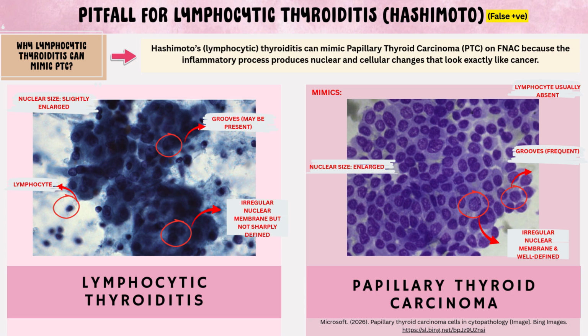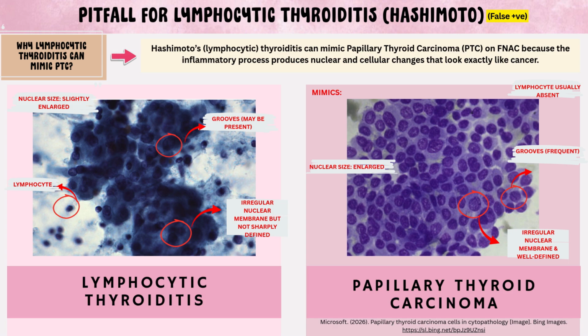On the left side, we can see features of lymphocytic thyroiditis. The nuclei are slightly enlarged and nuclear grooves may be present, but the nuclear membrane is irregular and not sharply defined. Importantly, we can also see lymphocytes in the background and infiltrating the follicular cells, which supports a benign inflammatory process. On the right side is papillary thyroid carcinoma.